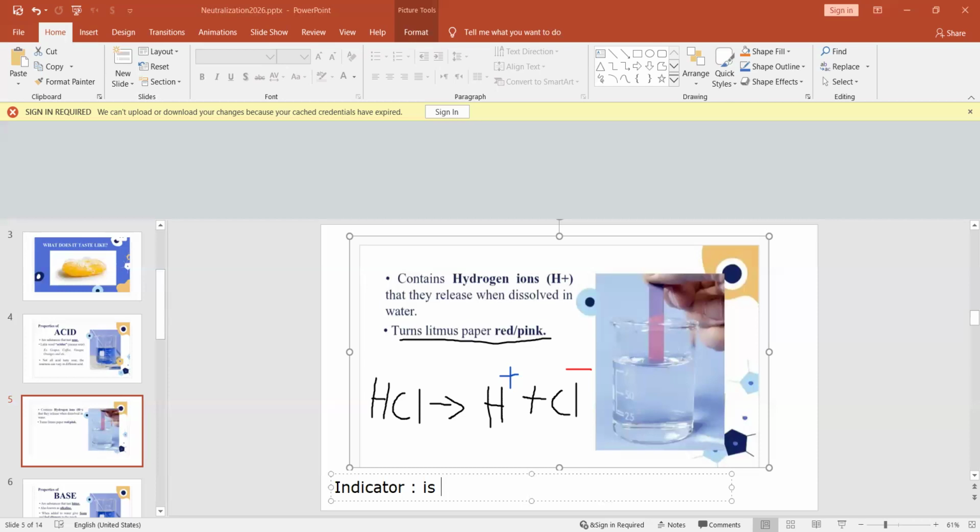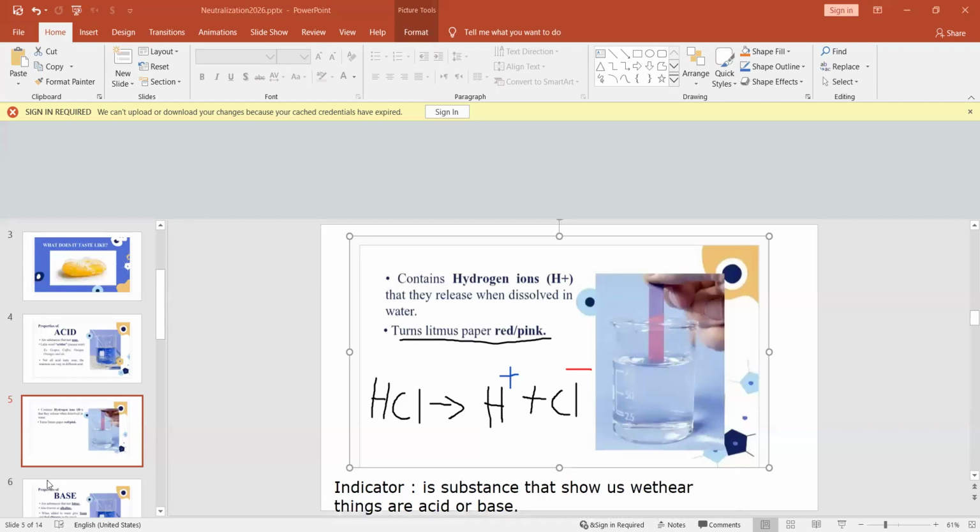Or we can say it is a substance that shows us whether things are acid or base. That's all. Please write this note.